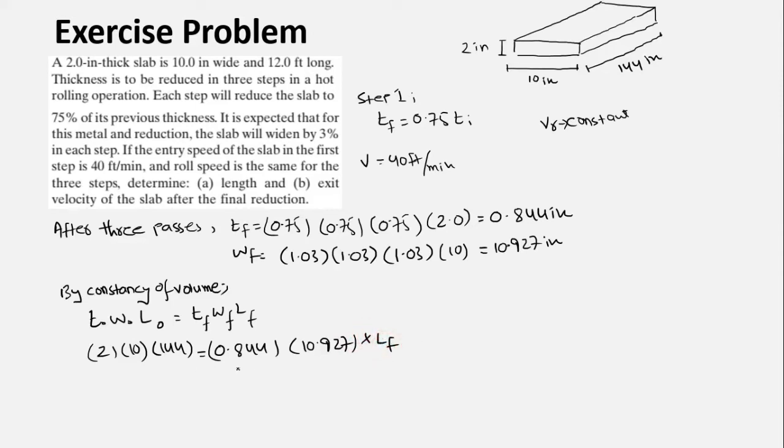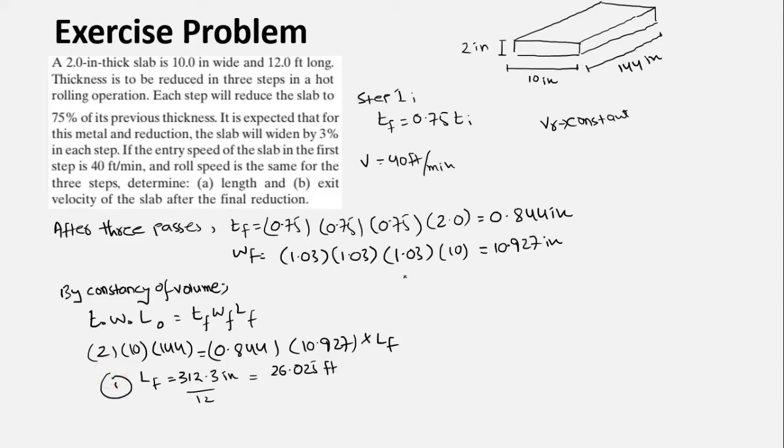By this we can calculate the final length. So our final length would be around 312.3 inches. We can divide it by 12 to get the feet, that is 26.025 feet.